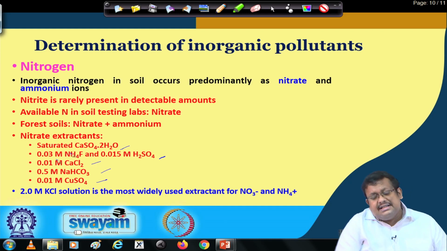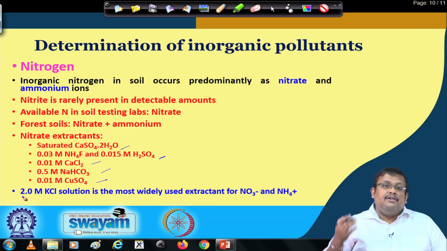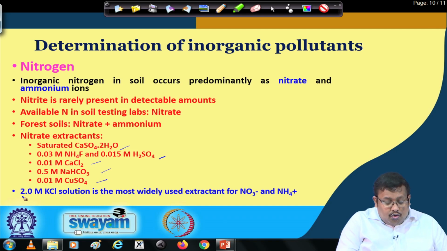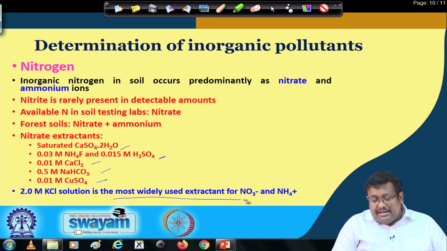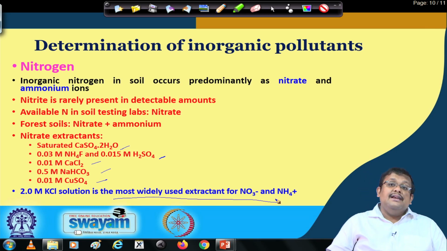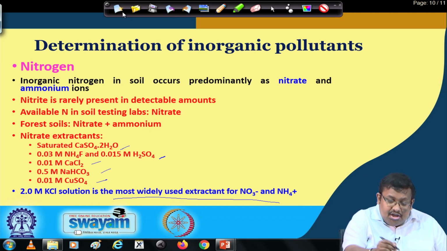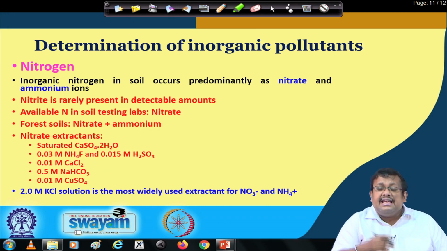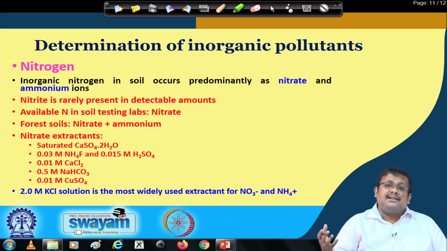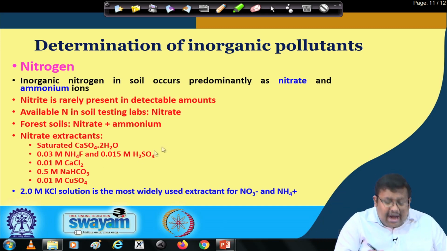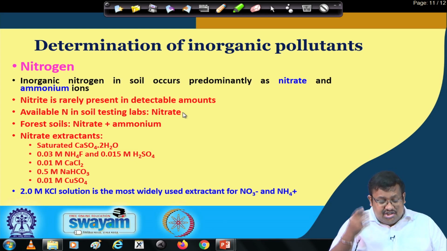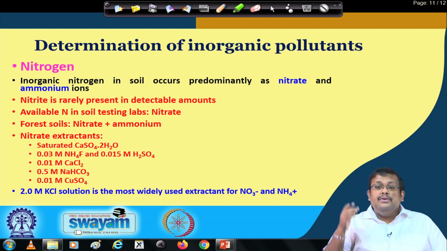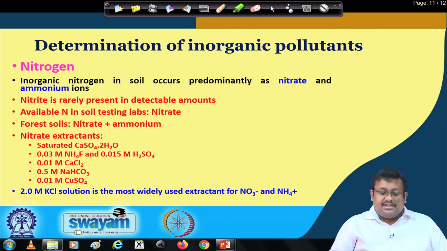All these are generally used as extractants for nitrate, and 2 molar KCl solution is the most widely used extractant for nitrate and ammonium. Once you extract the ions from the soil using these extracting solutions, you use different types of instruments for measurement of the concentration of different ions.